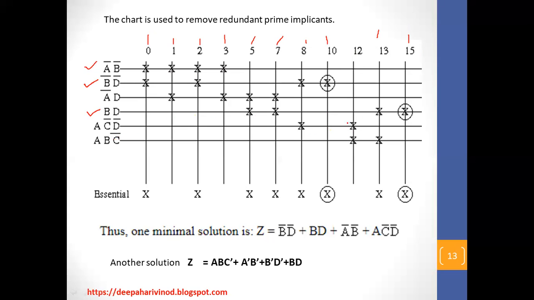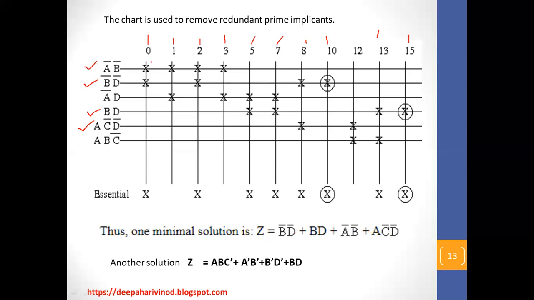12 means I can choose either a, c bar, d bar or a, b, c bar, anyone. If I choose a, c bar, d bar, so many alternate solutions are also there. So one solution is b bar, d bar plus bd plus a bar, b bar plus a, c bar, d bar.